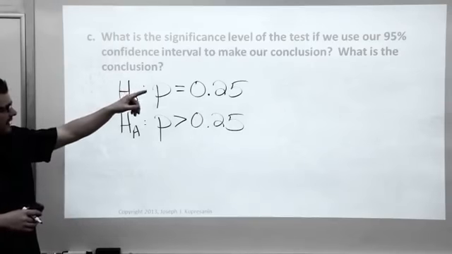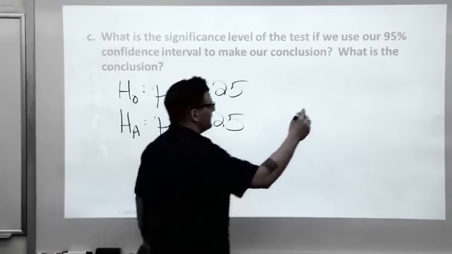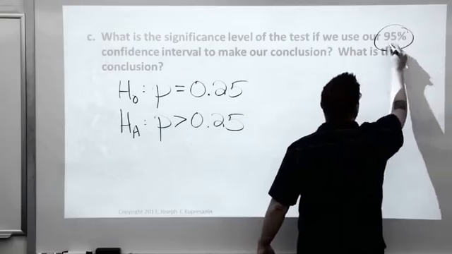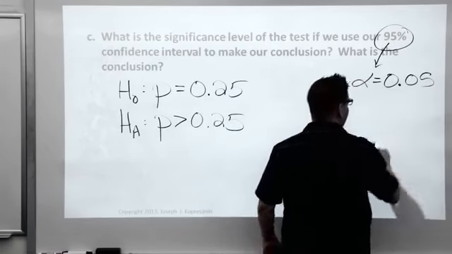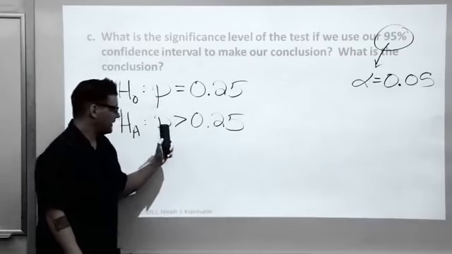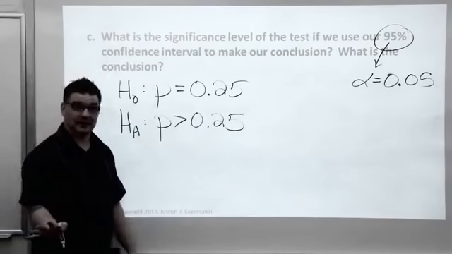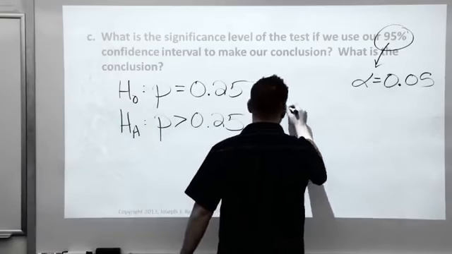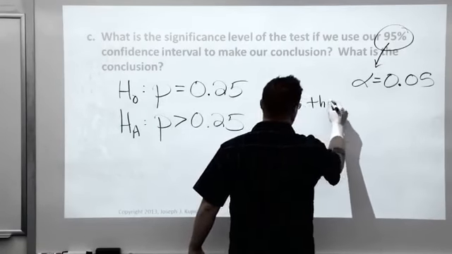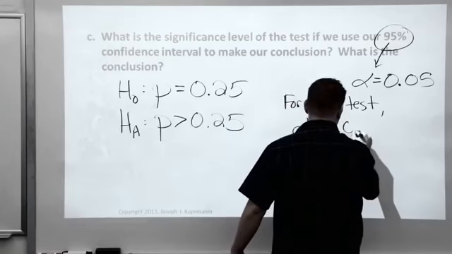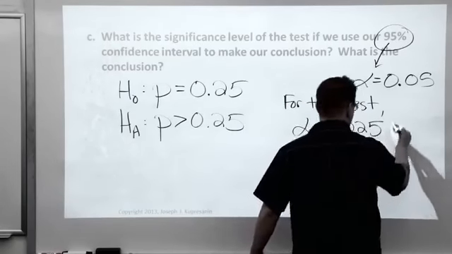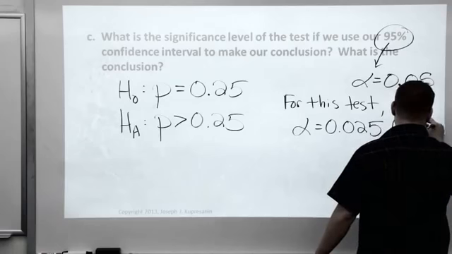We already cooked up a 95% confidence interval. 95% confidence has alpha 0.05 in the tails. I'm only running a one-tailed test, so I've got to chop it in half. For this test, alpha is 0.025 because it's a right-tailed test.